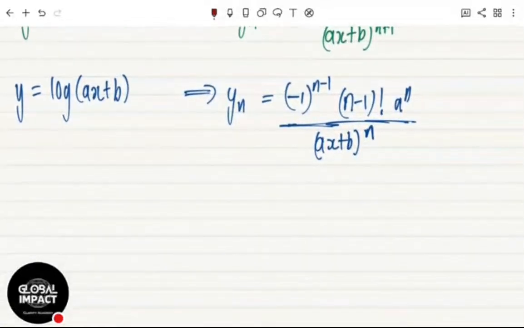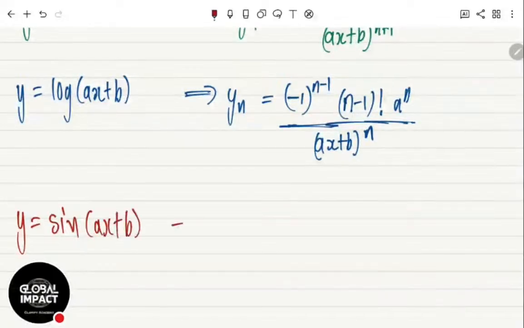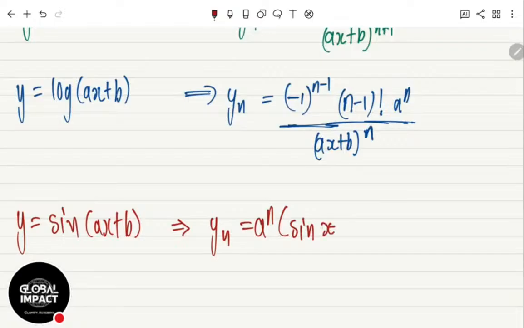Now you're going to put situation number 3. If y is sine of ax plus b or cos of ax plus b, for the other two we know them. You have your yn equal to a to the n sine of ax plus b plus n pi over 2.